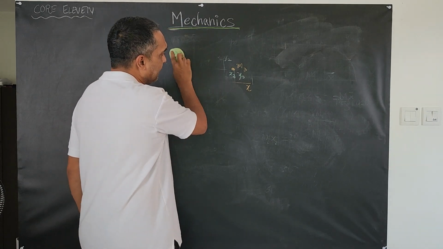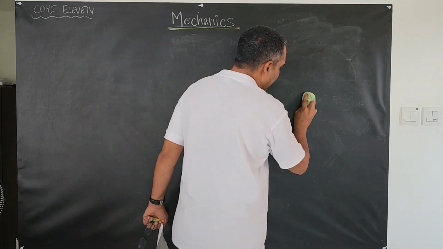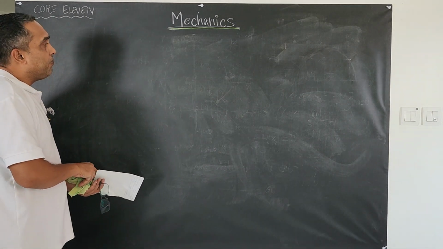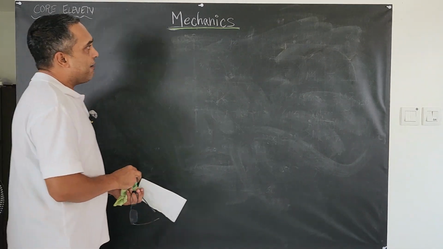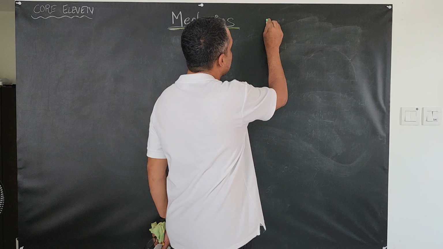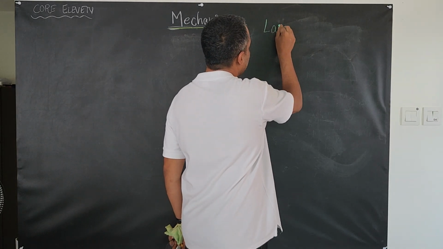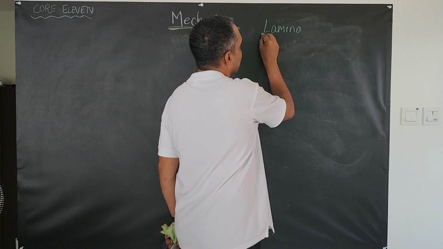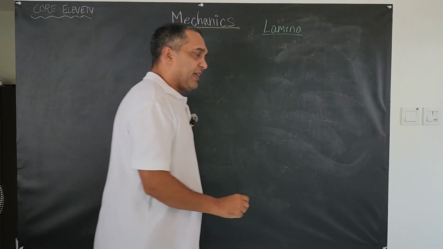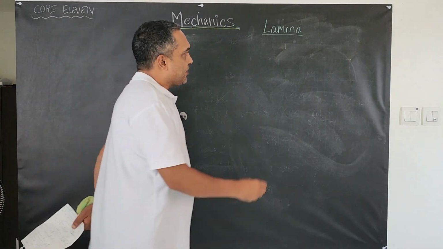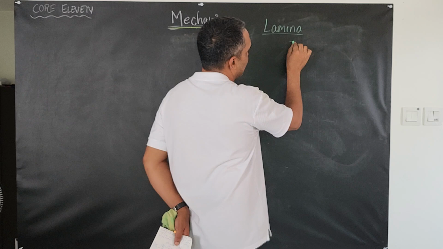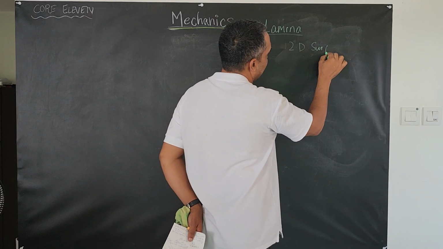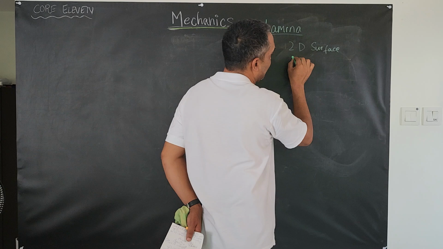But I'm going to quickly stretch this out a little bit into the concept of a lamina. So I just want you to bear this in mind. They have a nice, big section on lamina. A lamina effectively is something they want to treat as a two-dimensional surface which is uniform.